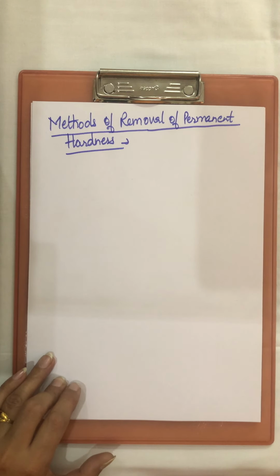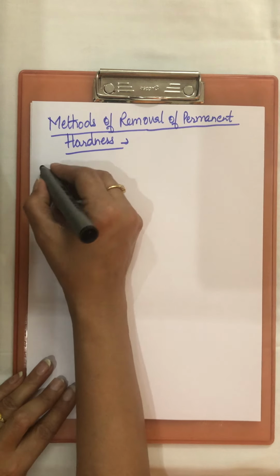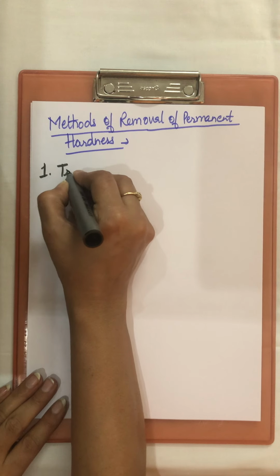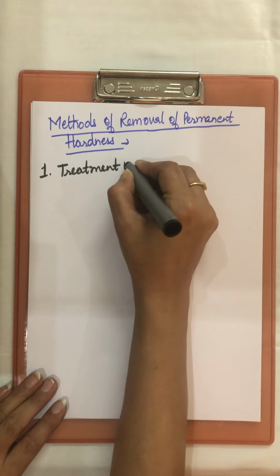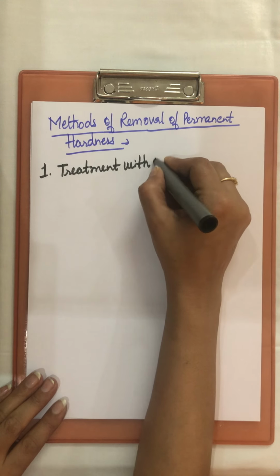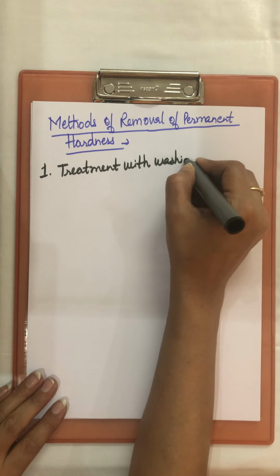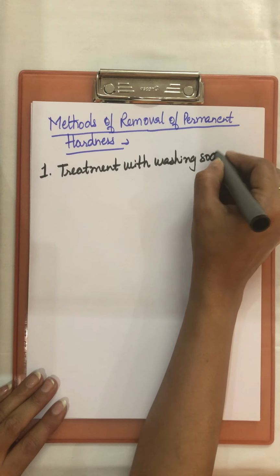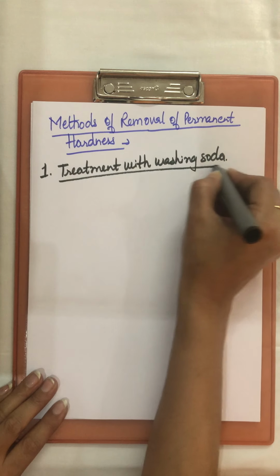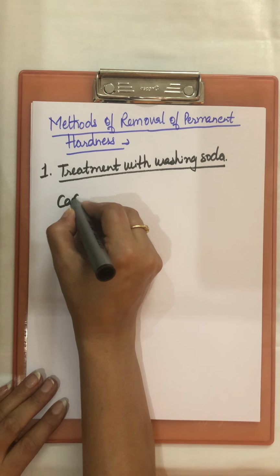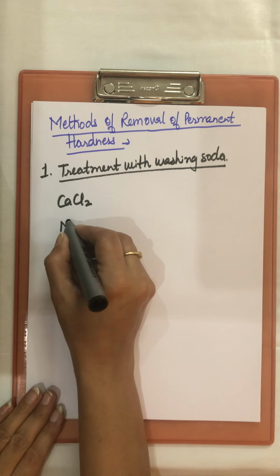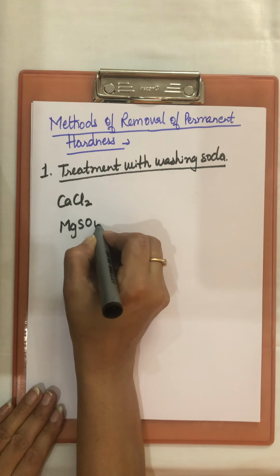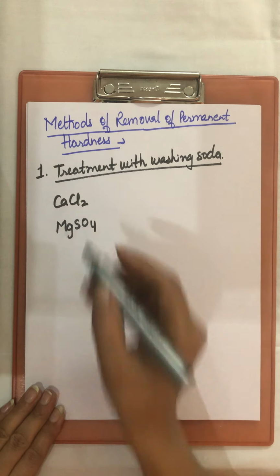The first method here is treatment with washing soda, that is sodium carbonate, to this permanently hard water which has calcium chloride, magnesium sulfate. These examples we can take. I am taking calcium chloride and magnesium sulfate here.